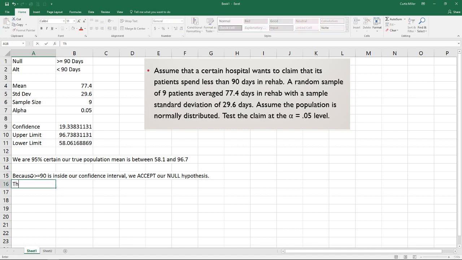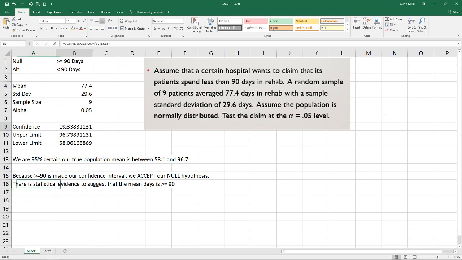Because that, in more plain English, there is statistical evidence to suggest that the mean days is greater than or equal to 90. And so that's all we have to do for that.